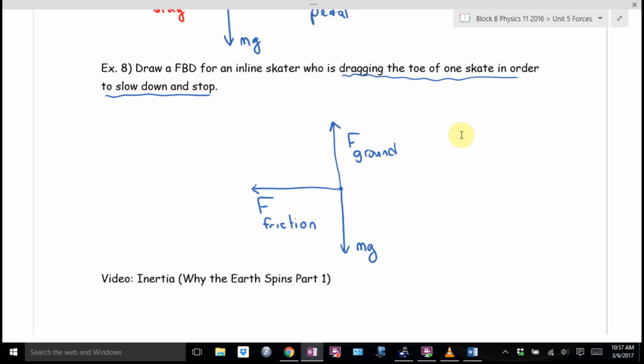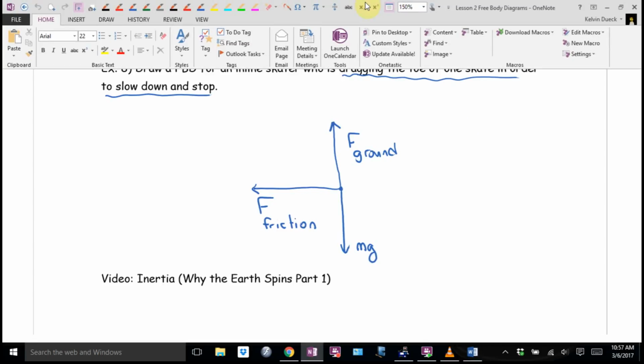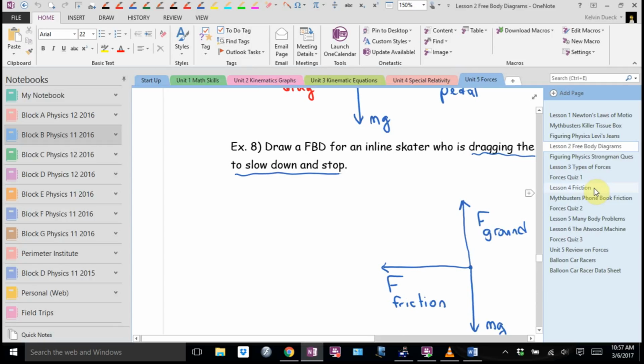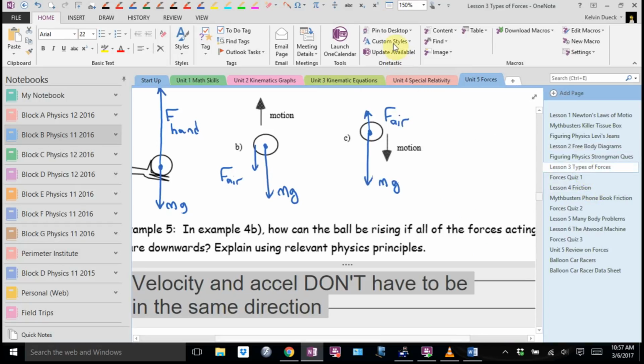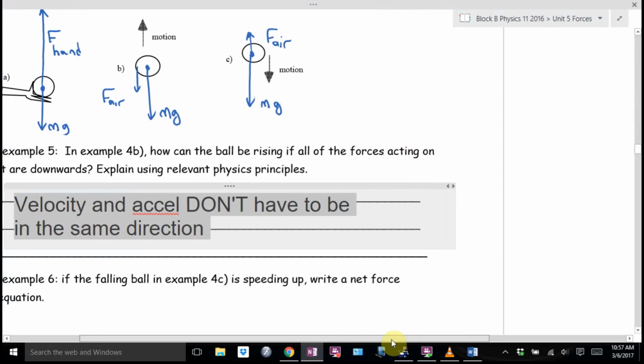And I said, no, no, no. Velocity and acceleration don't have to be in the same direction. You can be traveling forwards and accelerating backwards. We can call that slowing down, which means, hey, you didn't need a force pointing forwards. You don't need a force pointing up for the ball to be traveling on its way up as long as it's slowing down.